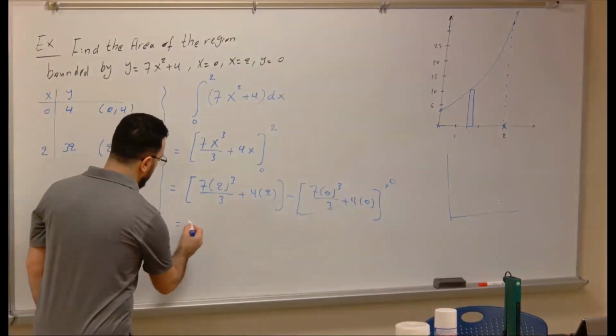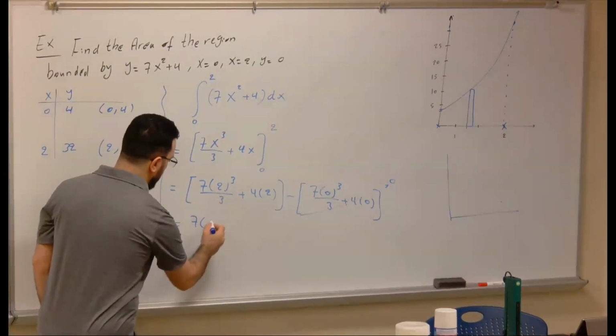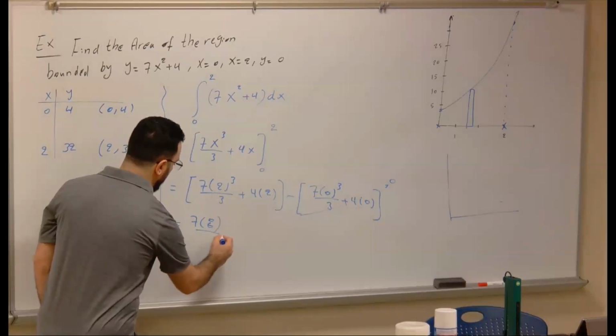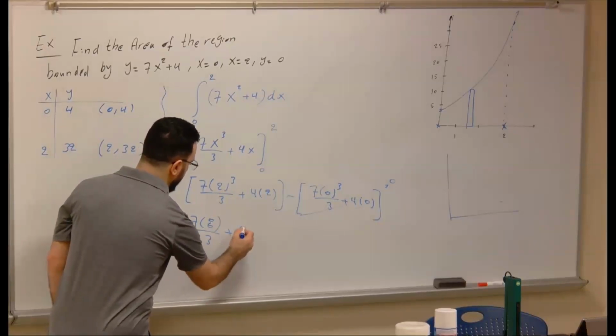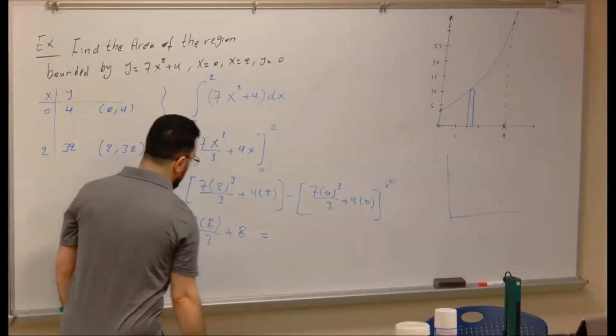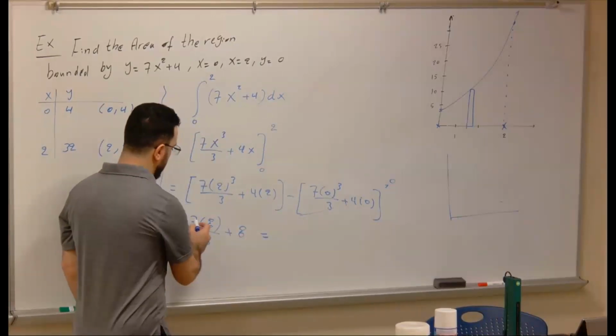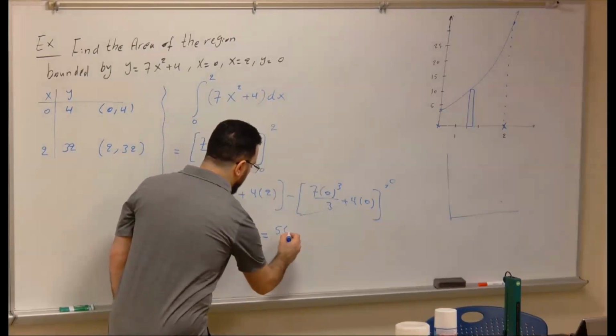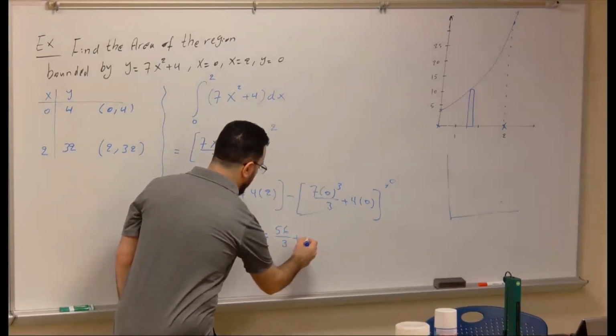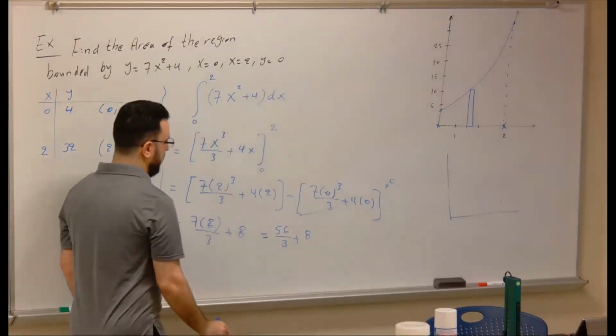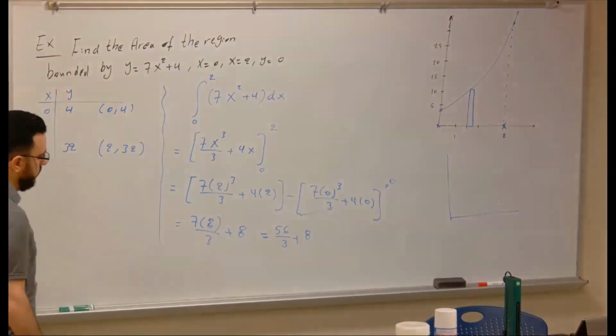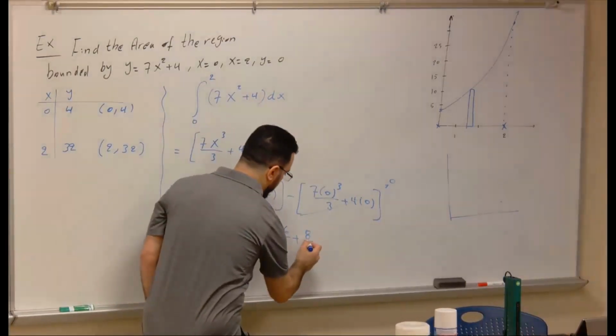That means it's going to be 7 times 8 over 3 plus 8. It's equal 7 times 8, 56 over 3 plus 8. Multiply the 8 by 3, because this is over 1.